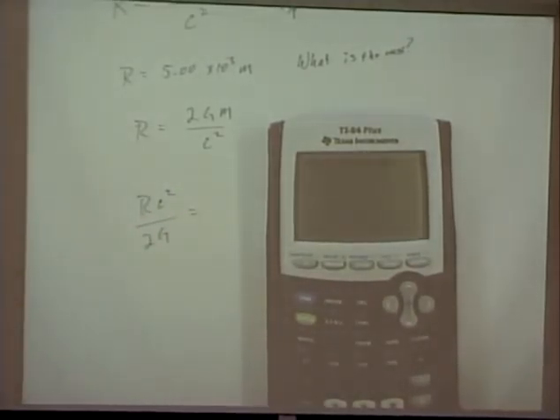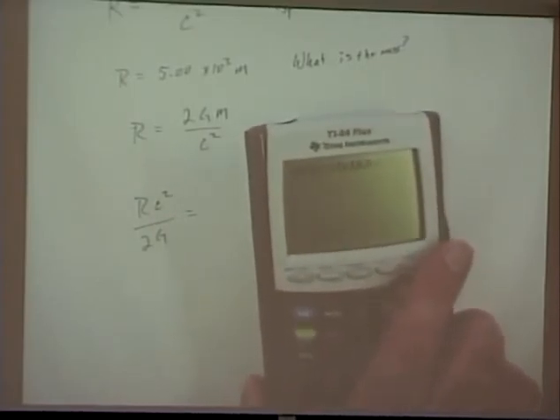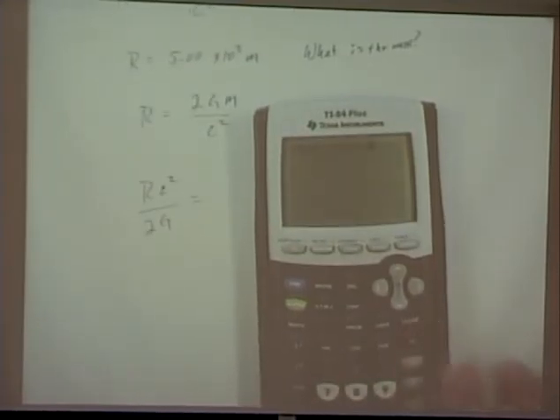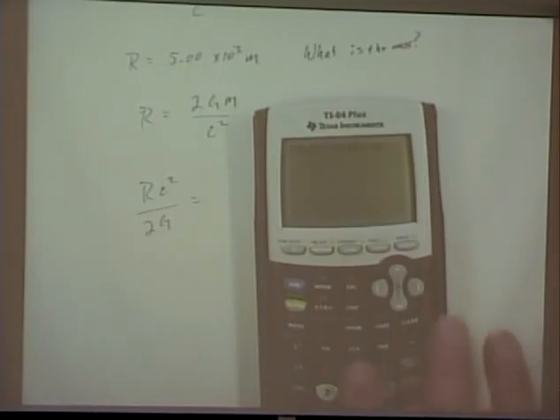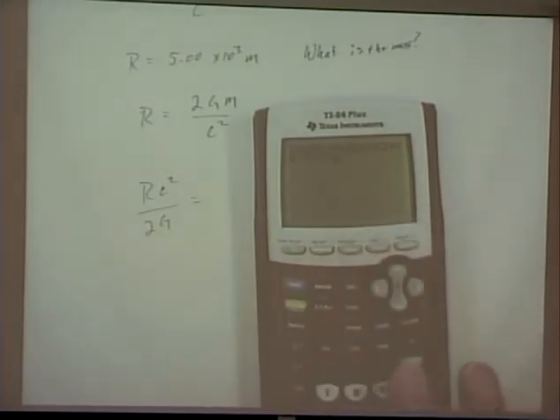Divided by, now I put this in parentheses, 2 times, in parentheses, 6.67 EE negative 11, double parentheses. Now I've taken care of it. Boom!